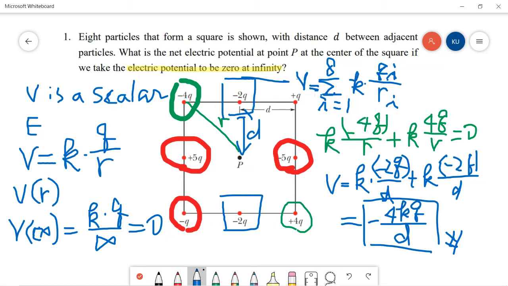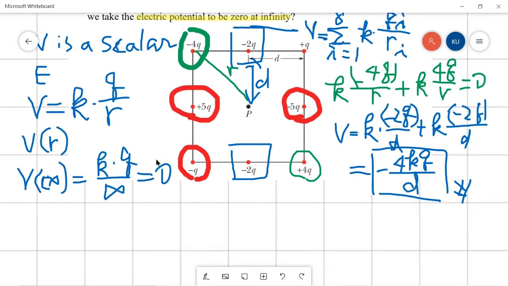Is it all right if we assume that the electric potential is non-zero at infinity? The answer is yes. Actually, we can just assume, let me move it up a bit.